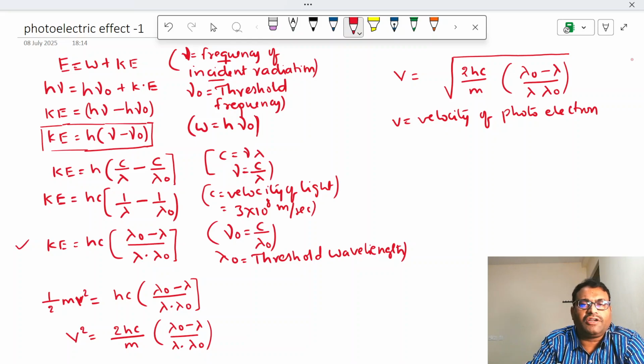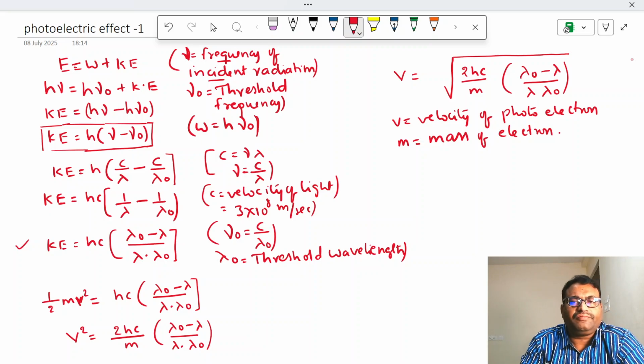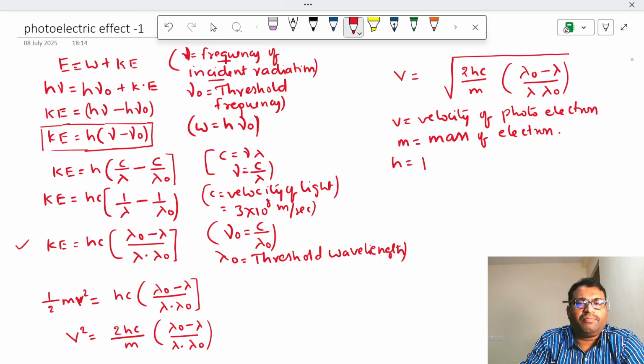Velocity of a photoelectron. What is m? M is mass of this electron or photoelectron. Where h, we know that it is a Planck's constant, which is equal to 6.626 into 10 power minus 34 joule into second.